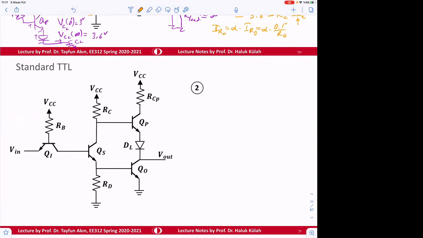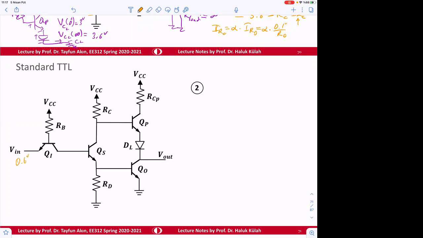What happens, is there another point where the voltage starts changing? I could just write all these cases here.